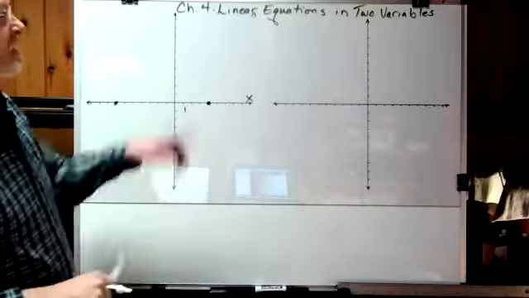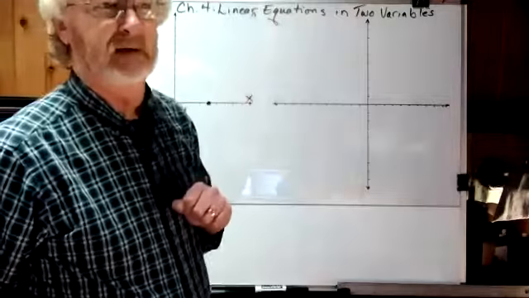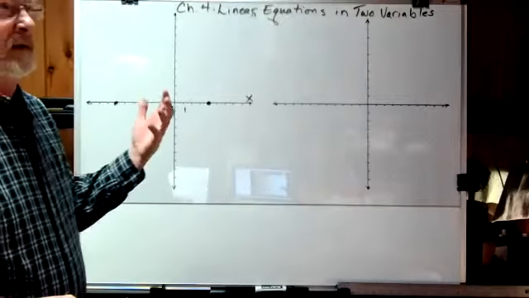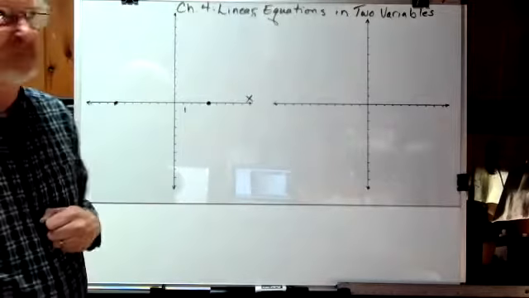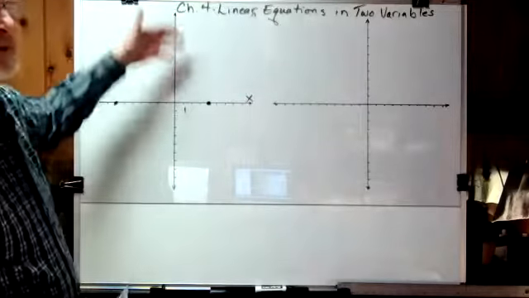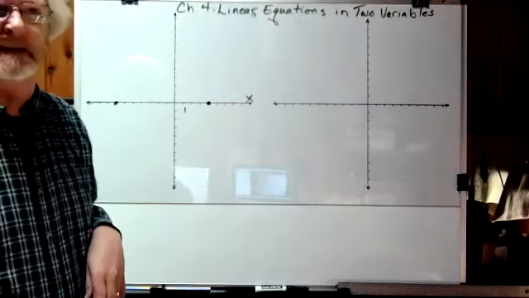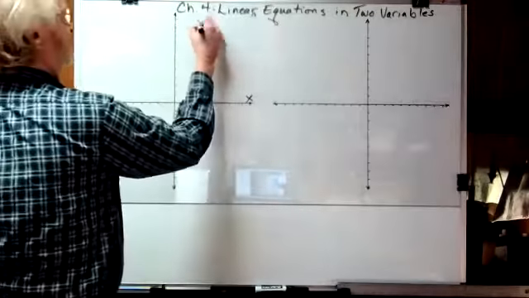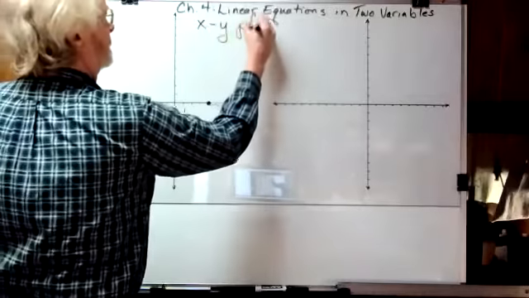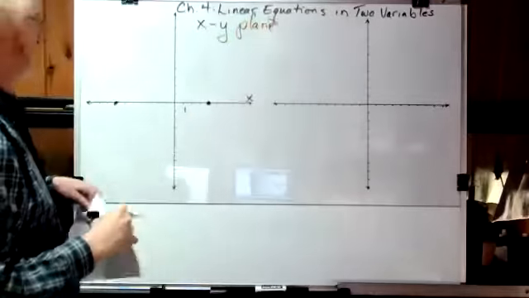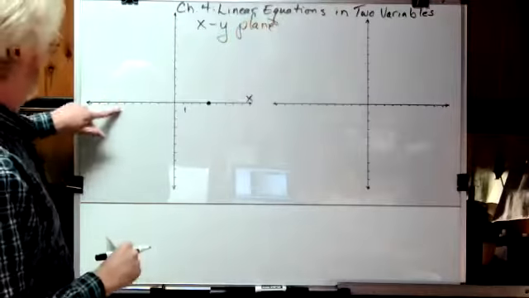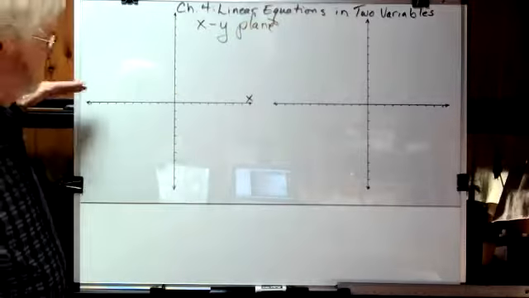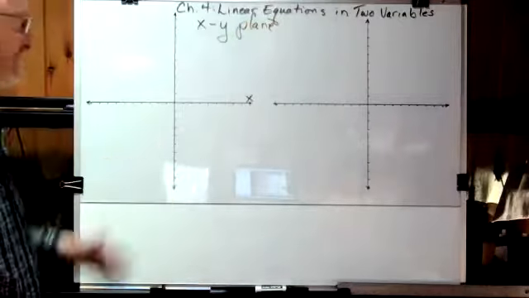Well, if I have an equation that has two variables in it, I need to be able to identify the value for both of those variables. So we use what's called the Cartesian coordinate system, or the XY plane. We take our plane and we use two axes to divide that plane, not only in this direction, but in that direction.